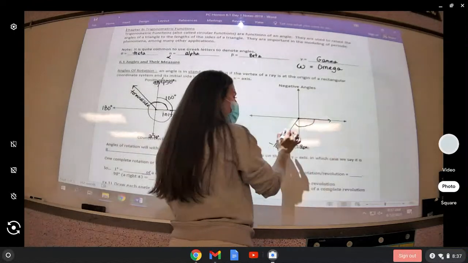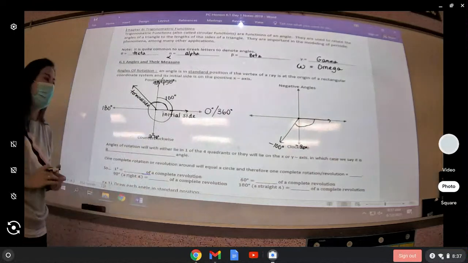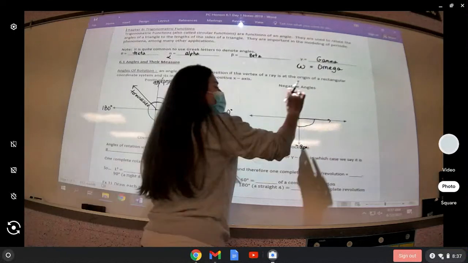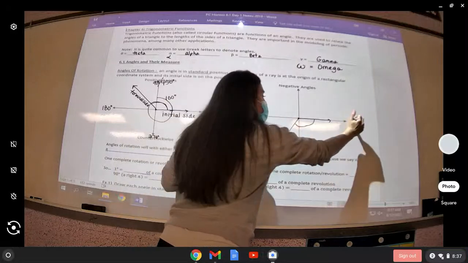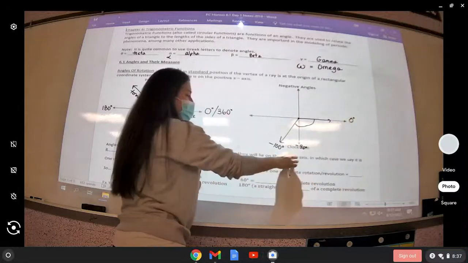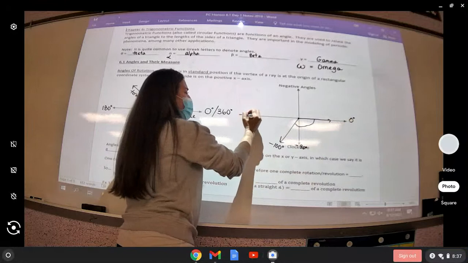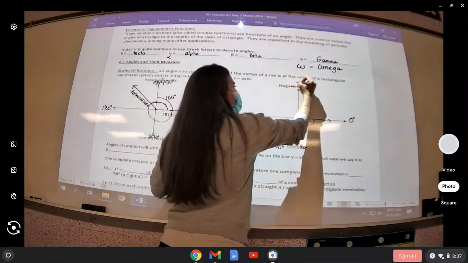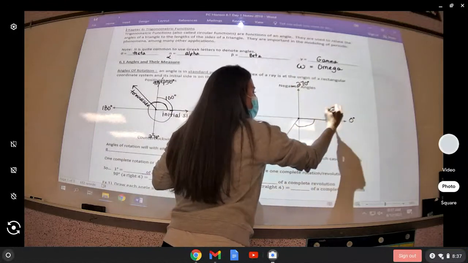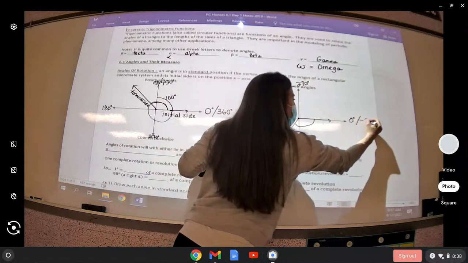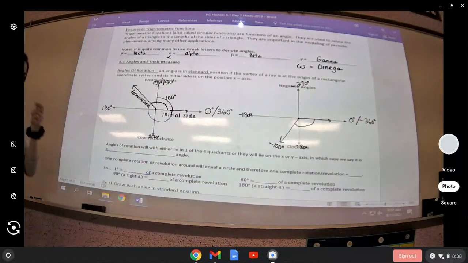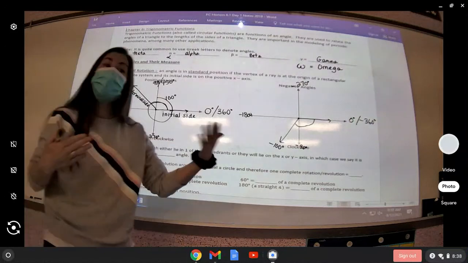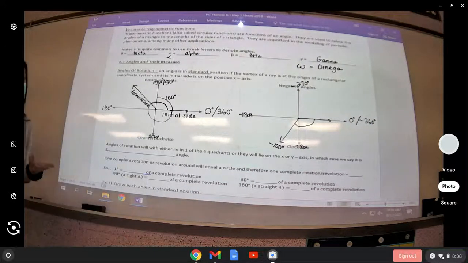So again, this is your initial and this is your terminal side. And each quadrant represents 90 degrees worth of space. So this is 0, negative 90, negative 180, negative 270, and then all the way around brings you to negative 360 degrees. So the way you rotate depends on whether you're creating a positive or negative angle.